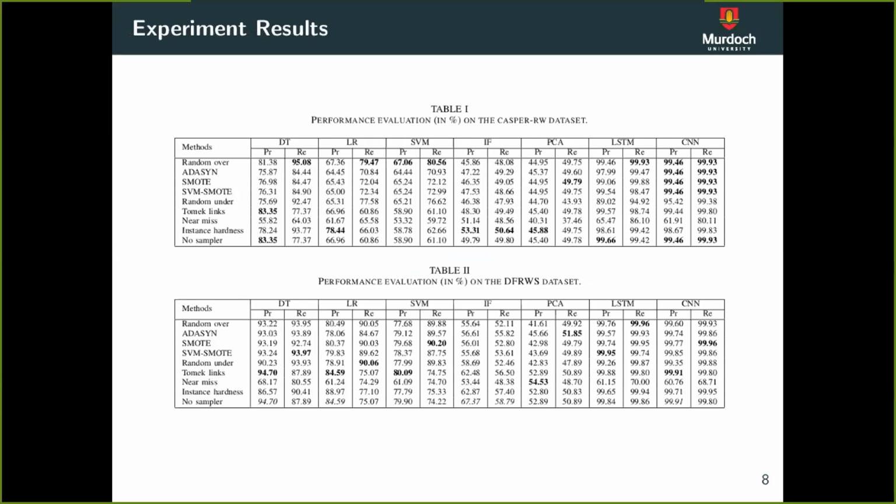Actually, in this work, we compare the various methods, and the best method is shown by deep learning methods such as CNN. It's indicated by the bold values in the table.